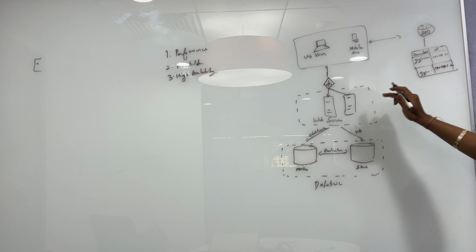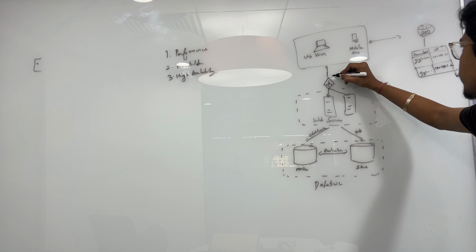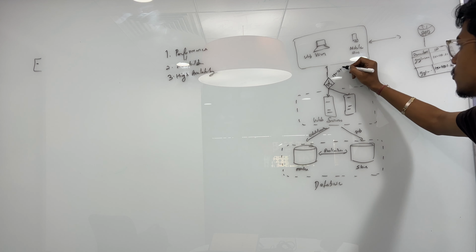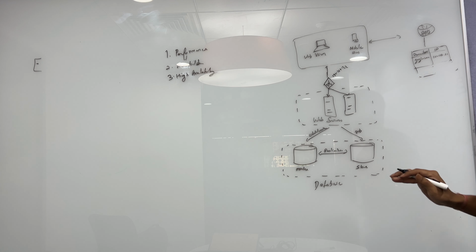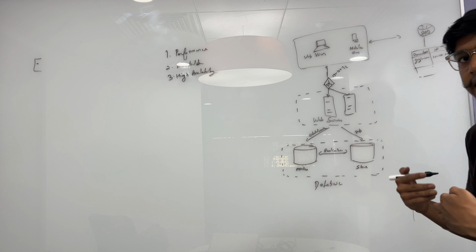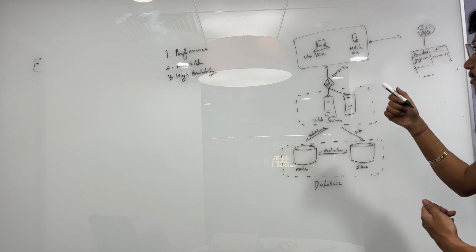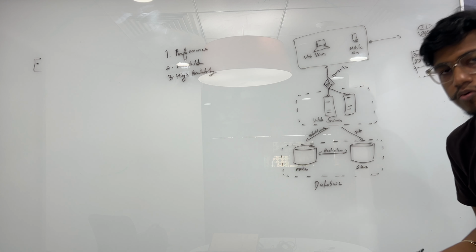So instead of this web server having this address, our load balancer will have the address 192.168.1.1. Once the request reaches this load balancer, the load balancer internally decides which web server it has to route the request to.